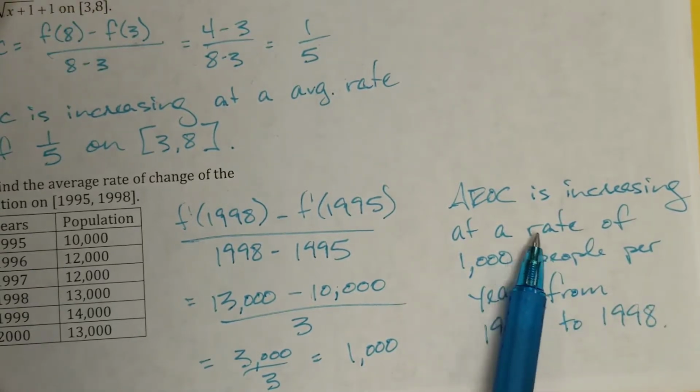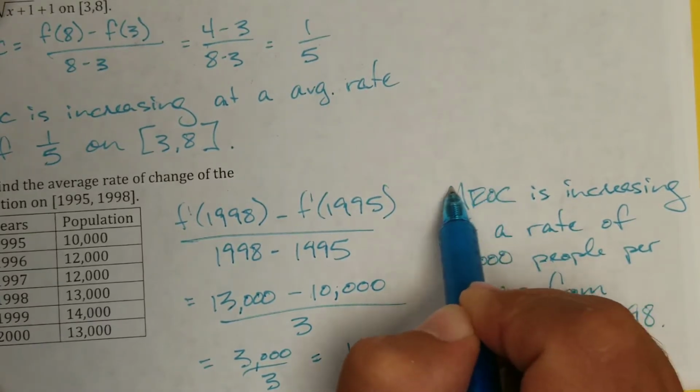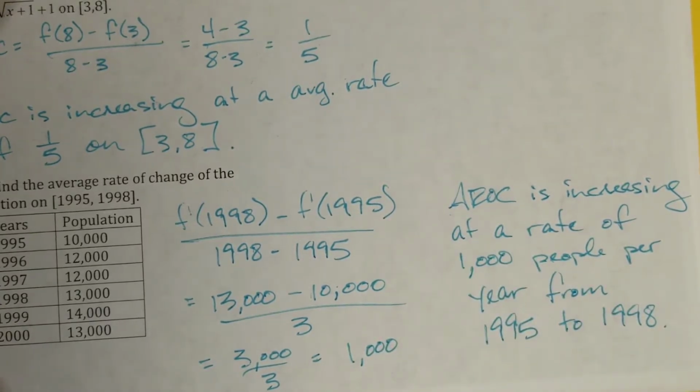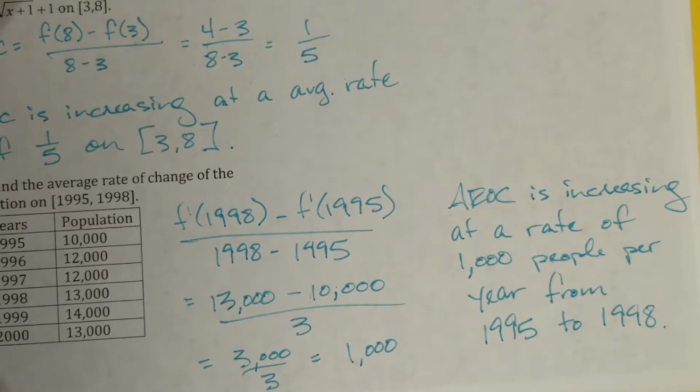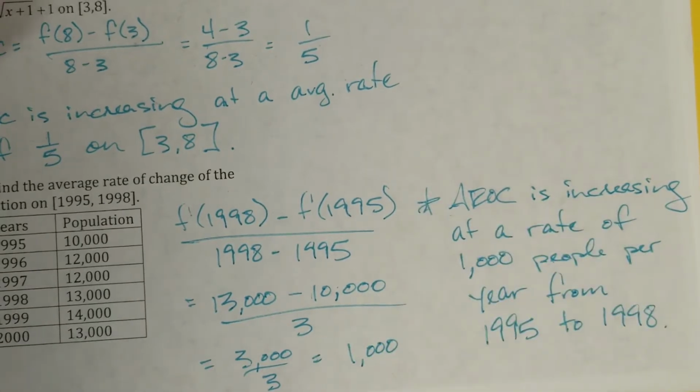And I didn't put average rate in there, but really this says average rate right here, AROC. That's what that means, average rate of change. So AROC is increasing at a rate of 1,000 people per year from 1995 to 1998. That's how you would want to write that answer.